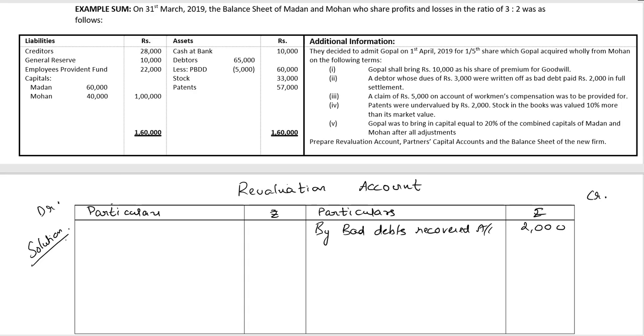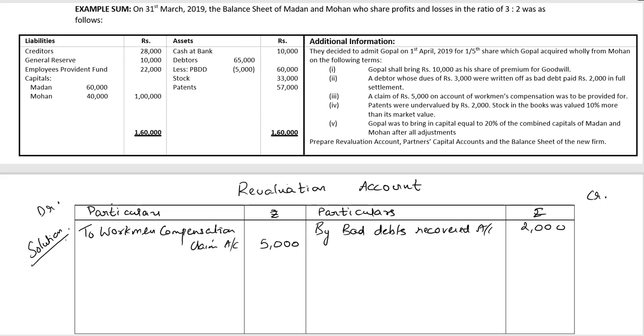Third point, a claim of ₹5,000 on account of workmen compensation was to be provided for. There is no reserve at all in the liability side, no workmen compensation reserve. So we'll have to create a liability. So to workmen compensation claim account, ₹5,000.